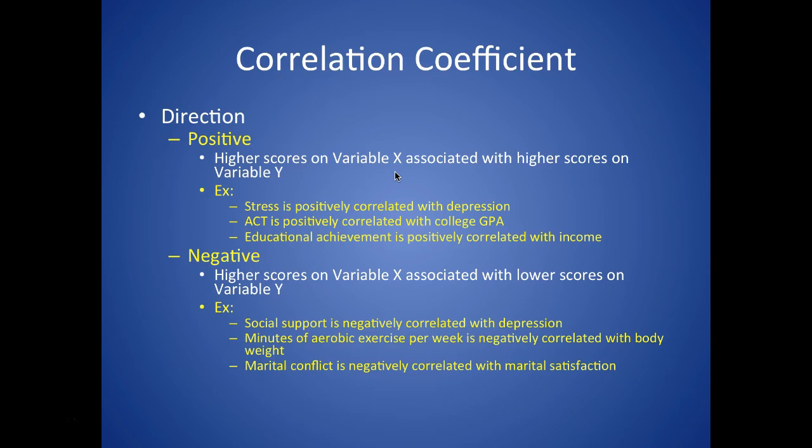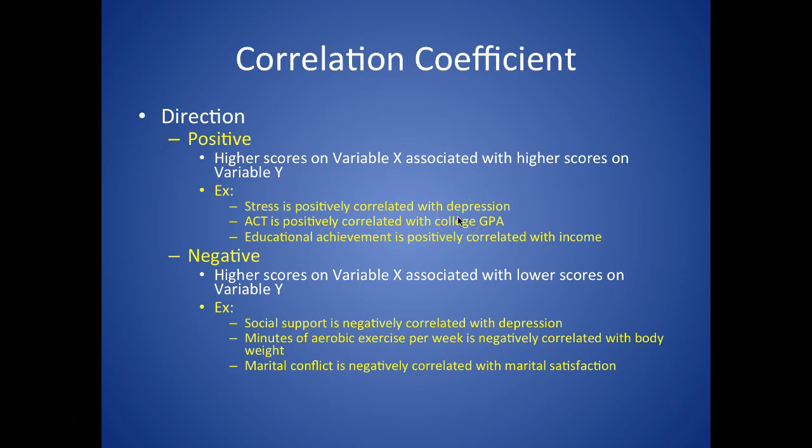Variable X is associated with higher scores on variable Y. For example, stress is positively correlated with depression. Higher stress, higher depression. ACT is correlated about 0.5 with college GPA. So if your ACT score is higher, the probability is that your GPA may be higher, although this is not a perfect relationship.